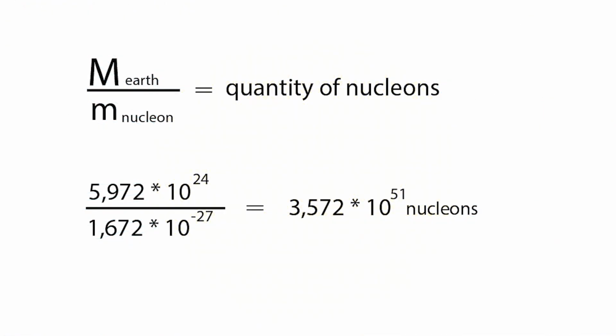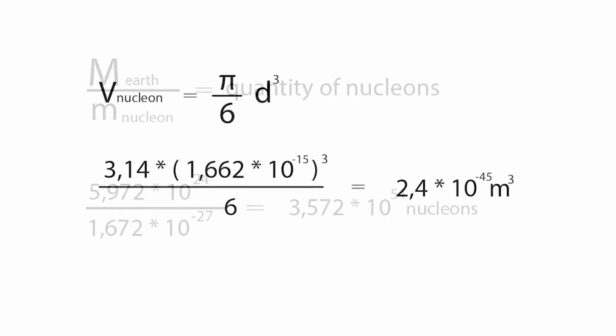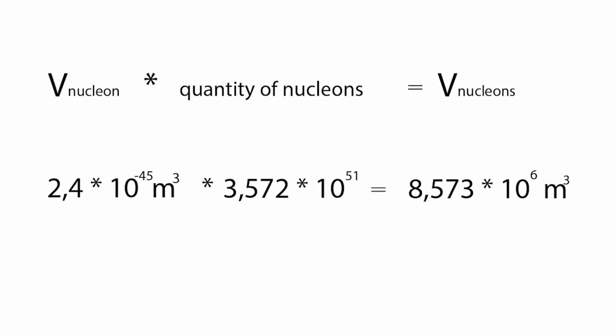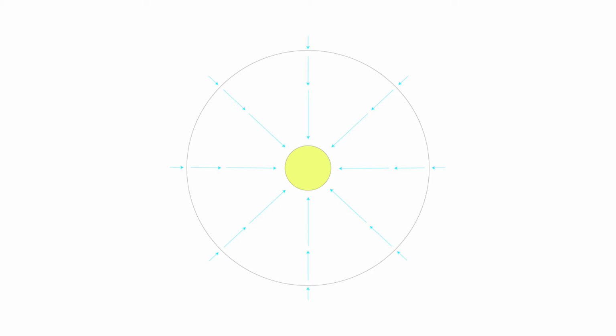Firstly, we need to figure out how many nucleons the planet Earth has. For this, we need to divide the mass of Earth by the mass of 1 nucleon. And now let's calculate the volume of 1 nucleon by using its charge radius. After multiplying by the number of nucleons, we will find the overall volume of the nucleons. Now let's imagine that all nucleons are united in the center of the planet, a ball of nucleons.